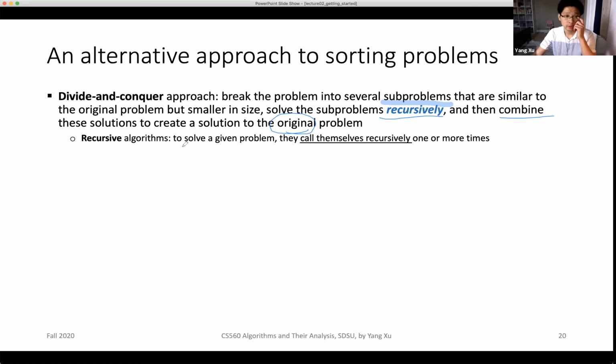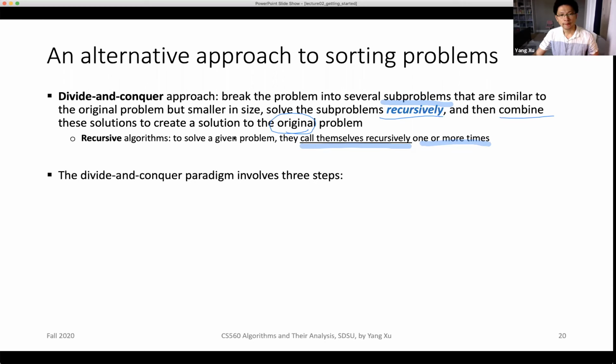A recursive algorithm is a way to solve a problem by calling the algorithm itself recursively one or more times. We'll see later in the pseudocode of the implementation a function or procedure calling the function or procedure itself.